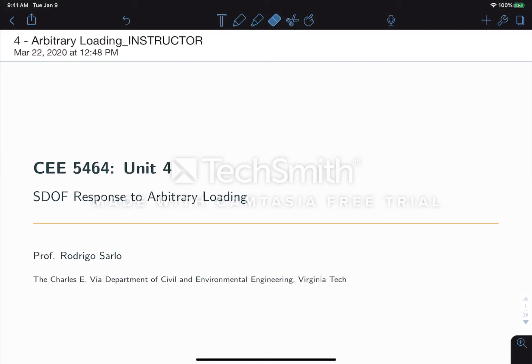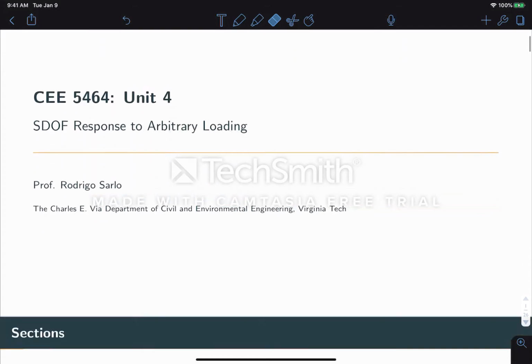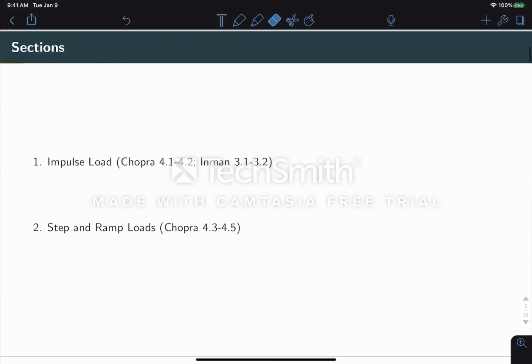Okay, so welcome to video 2 of Unit 4. In the first video, we looked at impulse loads, which look something like an instantaneous impulse, which we denote by this arrow at some time tau.